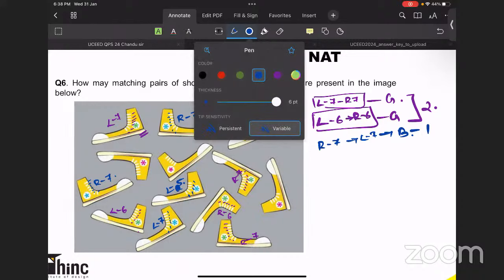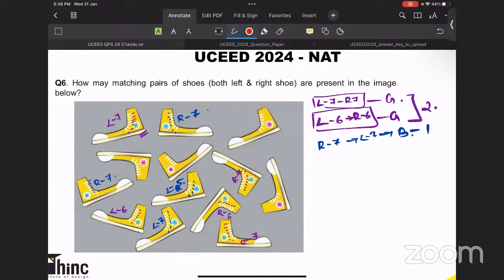Next, we are moving to the next color, the purple-like thing over here. This is left 7. Over here, this is going for right. 1, 2, 3, 4, 5.